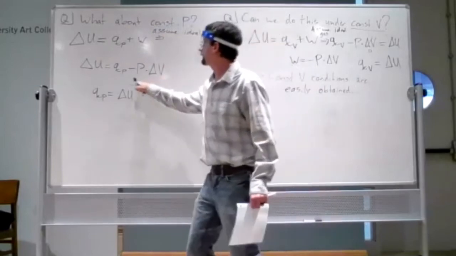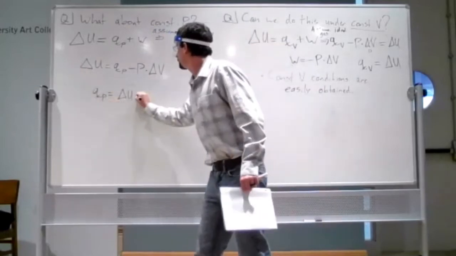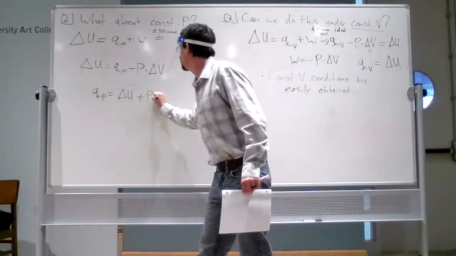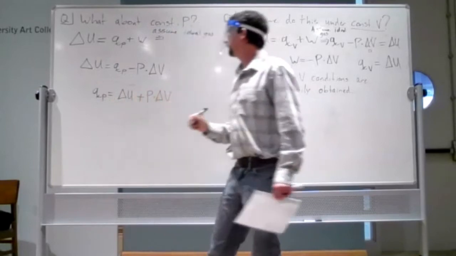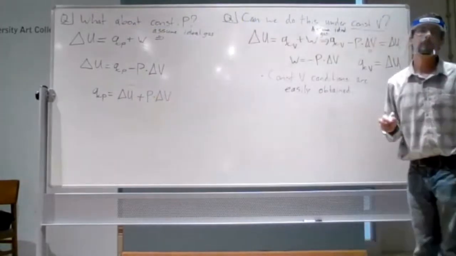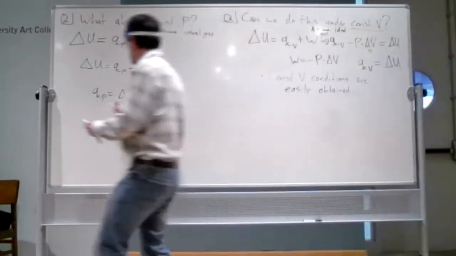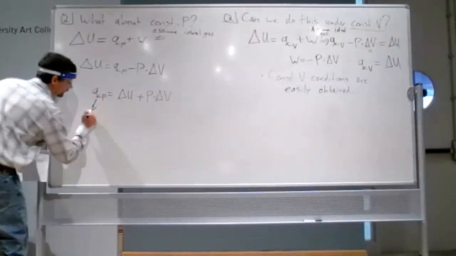Well, we're moving this over there, right? So what is it? Yep, plus P delta V. So we can find a heat transfer. This Q sub P is another state function.